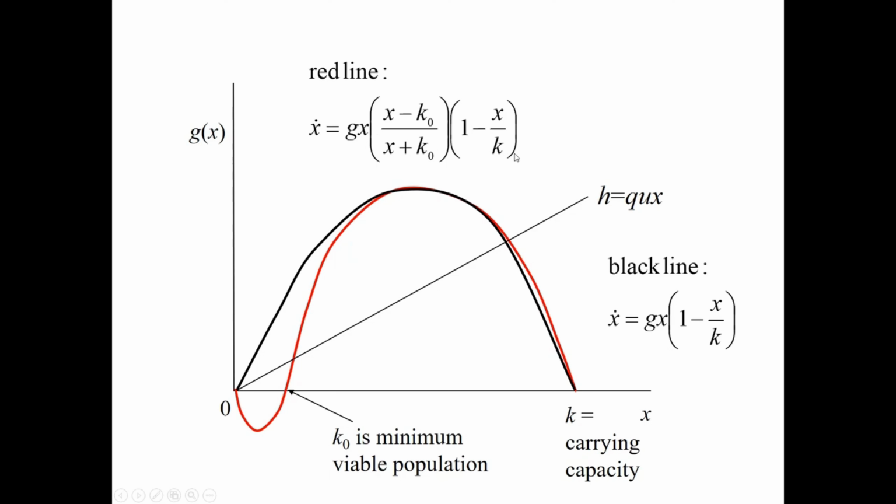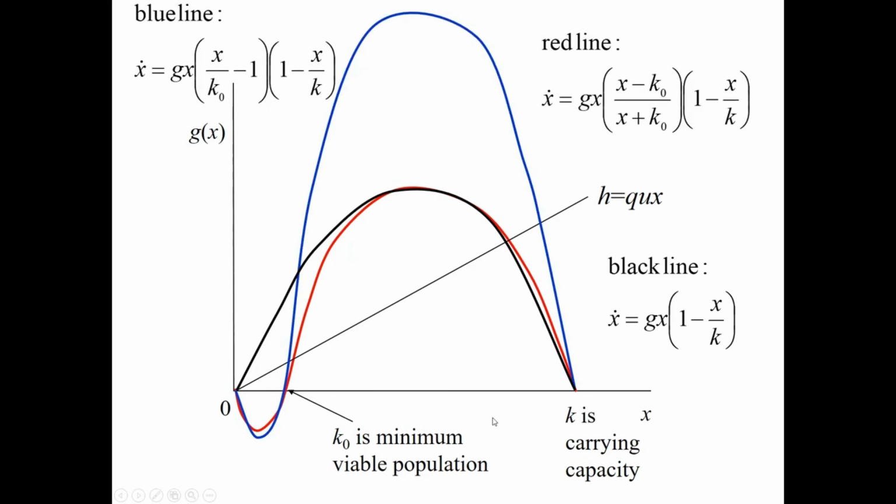Now, this functional form is different from the one that you'll see in the textbook. So what we have here, and we'll come back to that, is the black line, your standard logistic growth function that we use, and the red line is some kind of a depensation growth function, the depensation part being that once you get below the minimum viable population, the population will go to zero regardless of what you do.